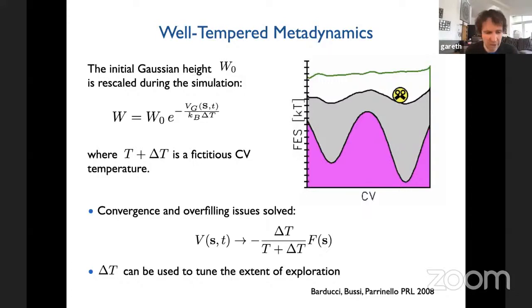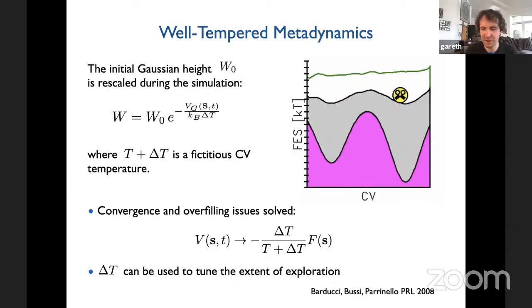Because, for instance, if you're looking at a conformational rearrangement in some system, you probably don't want all those bonds to break, which would be some higher barrier to that process.